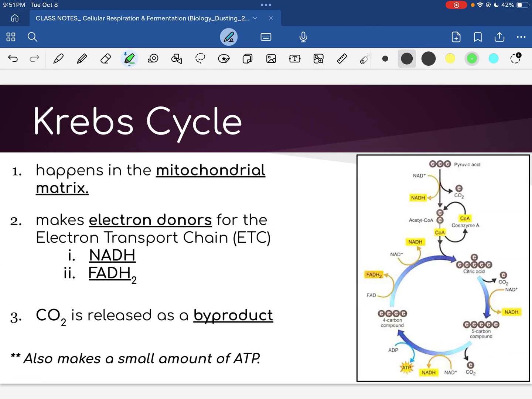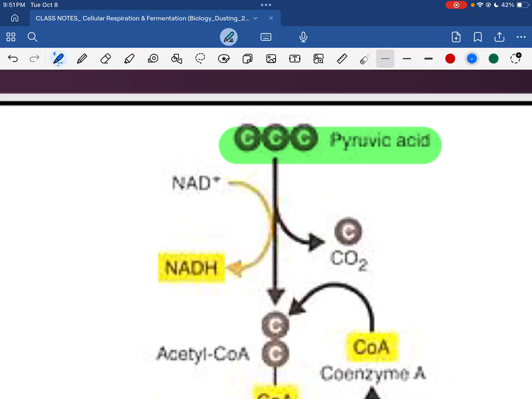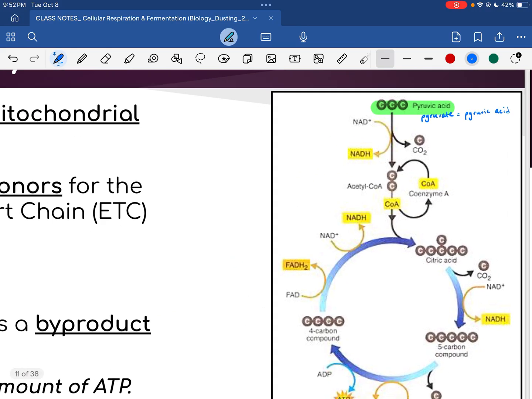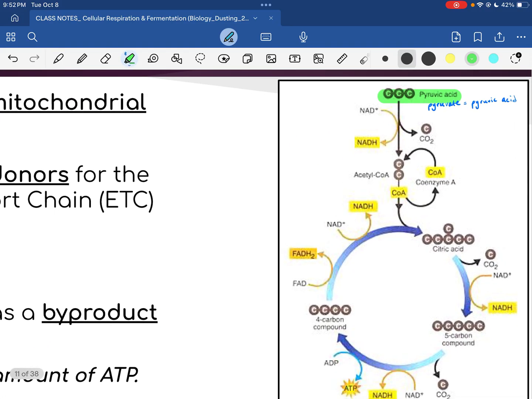All right, now the Krebs cycle is a little bit more complex, but now that pyruvate is going to move into the mitochondria. Here we're starting with 1 pyruvate. Pyruvate is sometimes also called pyruvic acid, and this happens down here too with this molecule called citric acid.